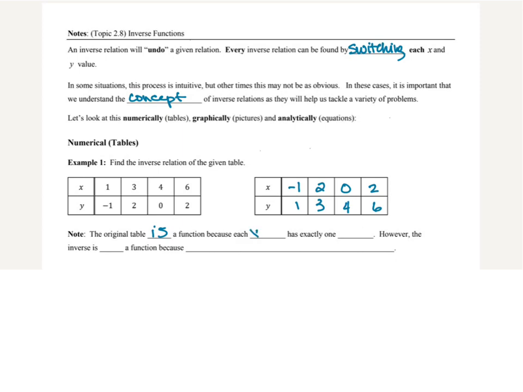Because each x value has exactly one y value. What can't repeat? An x value can't repeat. In other words, x can't repeat. I cannot have more than one input for every output.